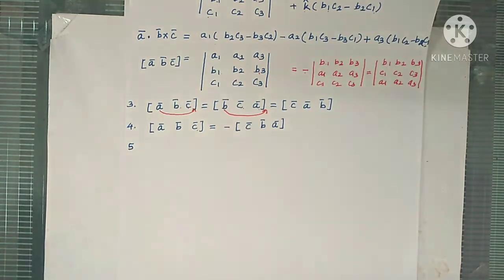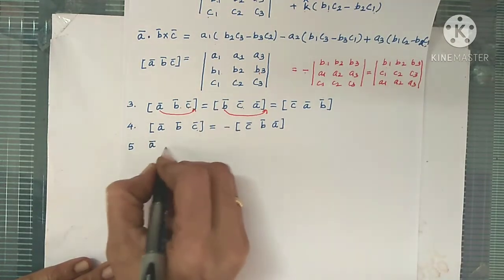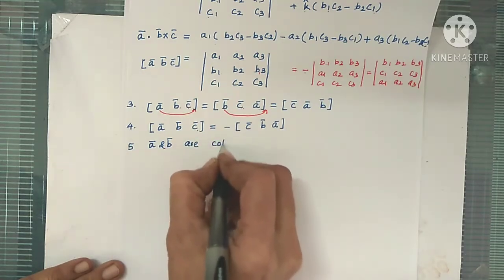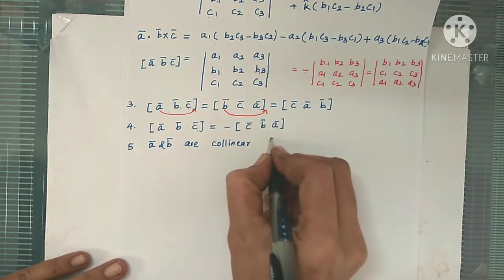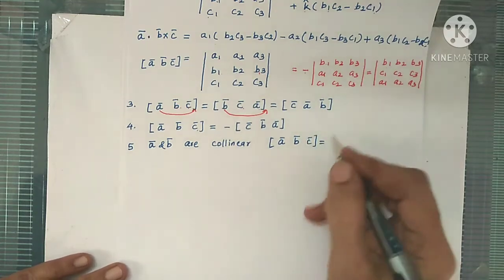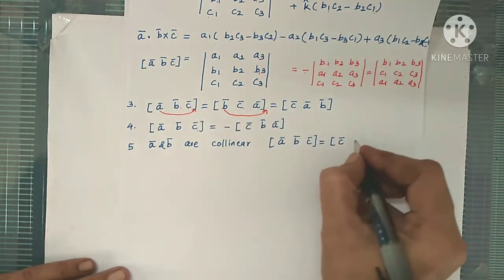Next one is, if any two of them are collinear, then what happens? For example, say A bar and B bar are collinear. Then we have the scalar triple product A bar, B bar, C bar equal to C bar, A bar, B bar by this property number 3.